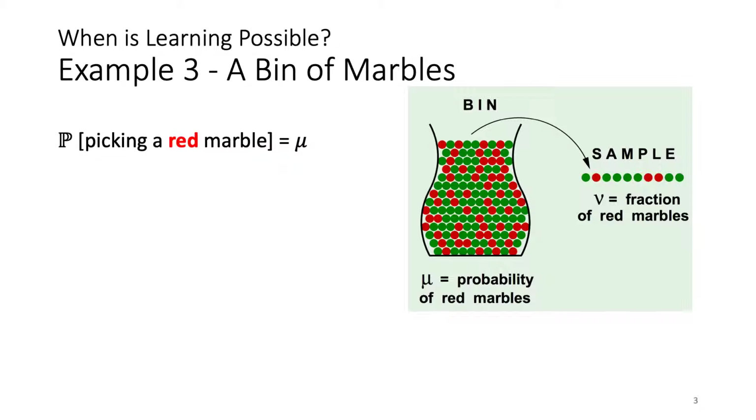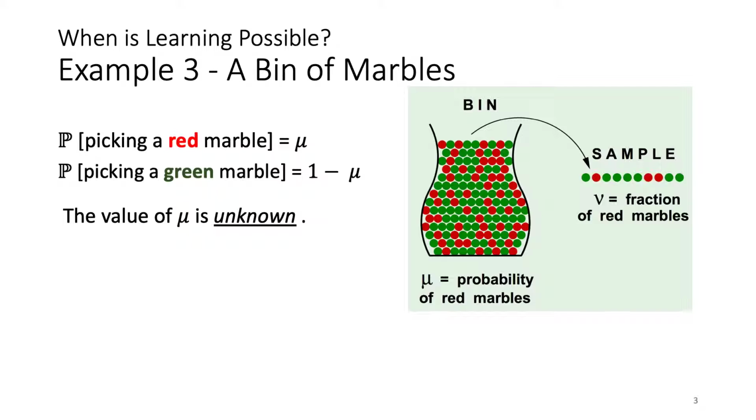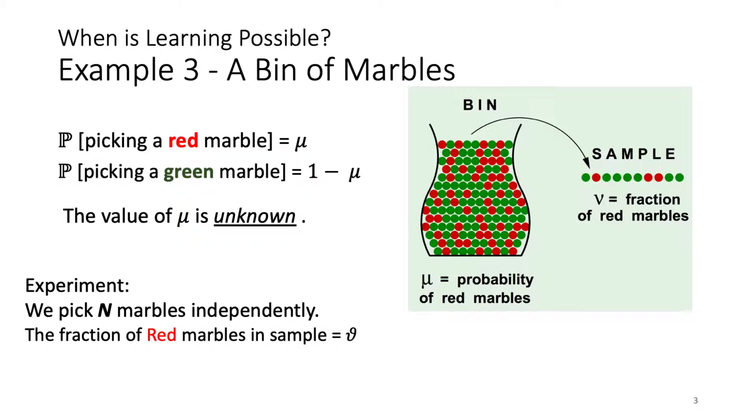And we call the fraction of red marbles in a sample in-sample error, so the error associated with that, and those available in the bin which are out of the sample, we call them E-out or the test error, right? And we were talking about generalization, so we mentioned mu is unknown. How are we going to relate these two, right?